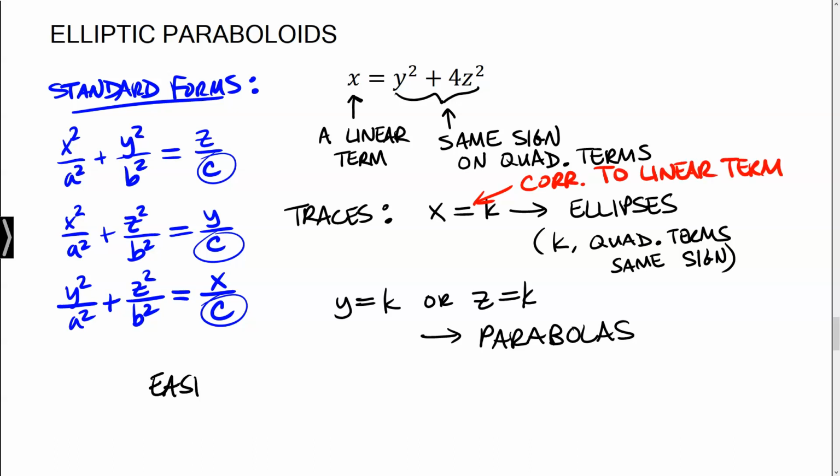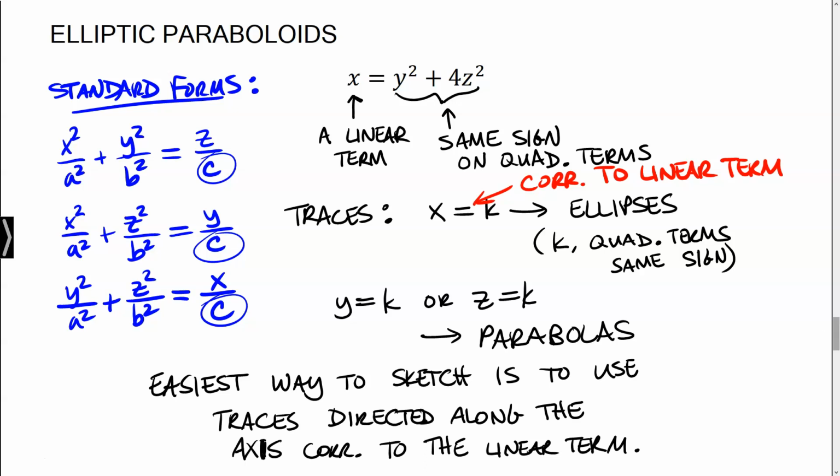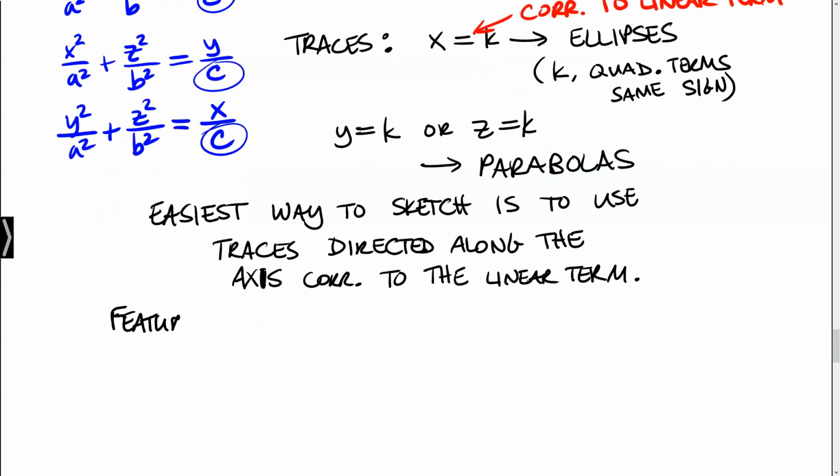The easiest way to graph this is to use the traces directed along the axis that corresponds to the linear term, because we want to think of it as a function of y and z here. A feature of this is that we can regard it as the graph of a function, not the graph of two functions, so we don't have to consider plus and minus.